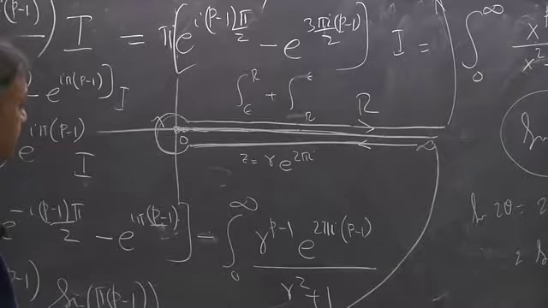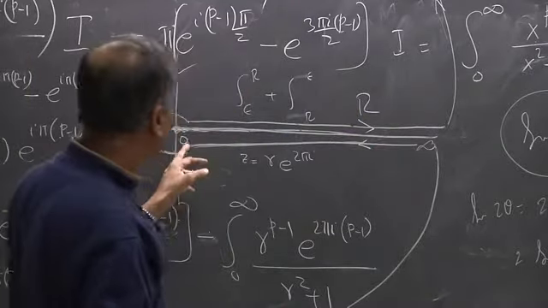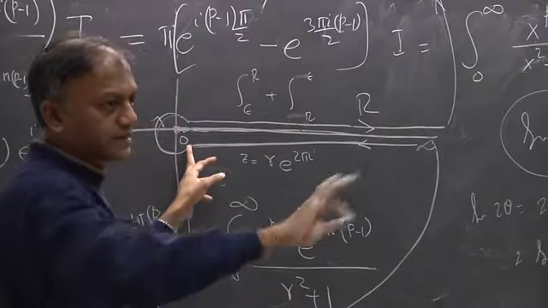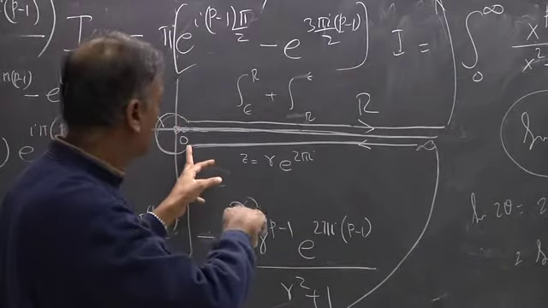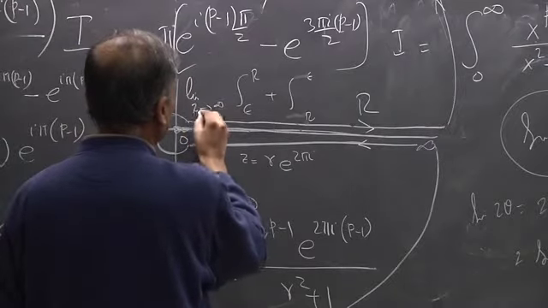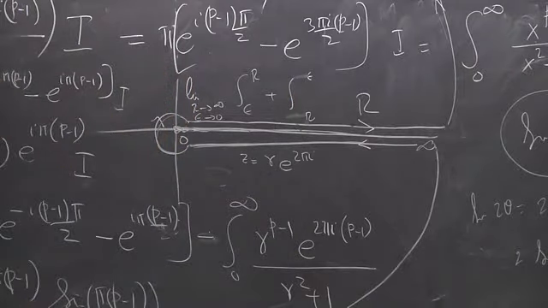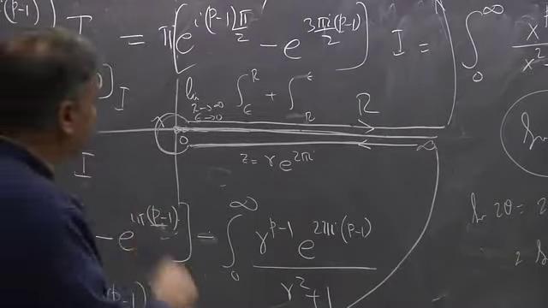In this case, we saw that the gamma r and gamma epsilon contributions became 0 in the limit r goes to infinity, epsilon goes to 0. So, finally, we want to take the limit r goes to infinity and epsilon goes to 0. Yeah, that's right.